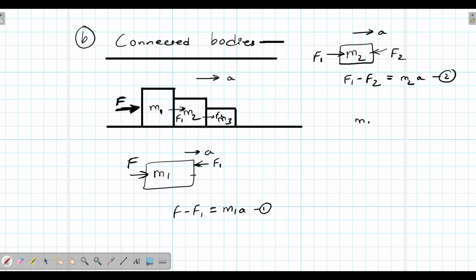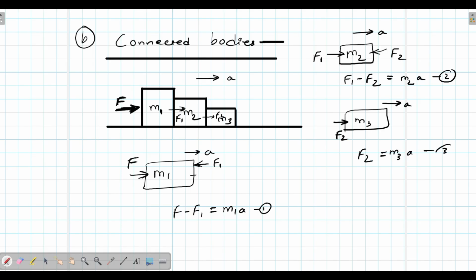For M3, this is F2 and this is A. F2 equals M3 into A.